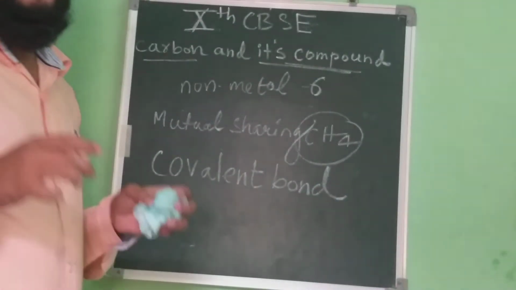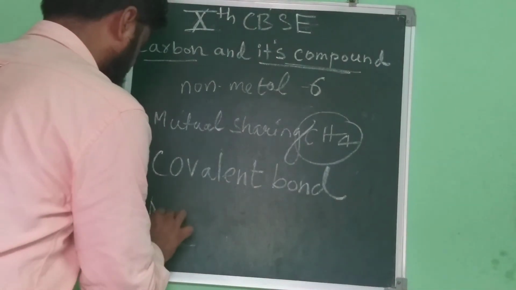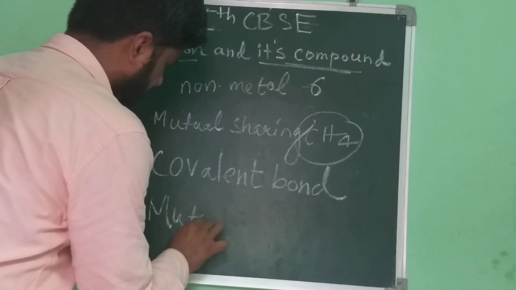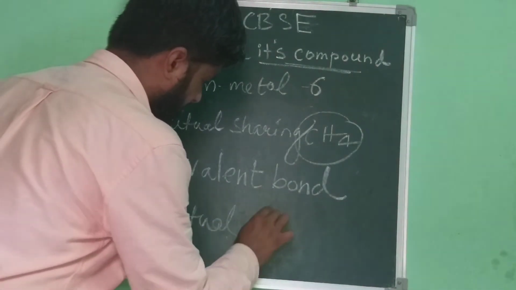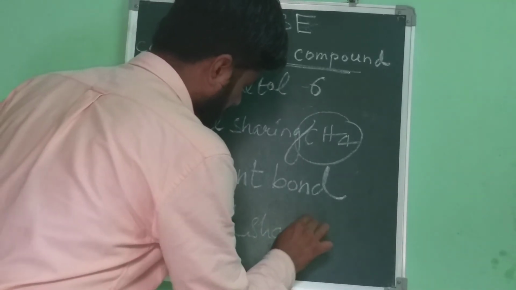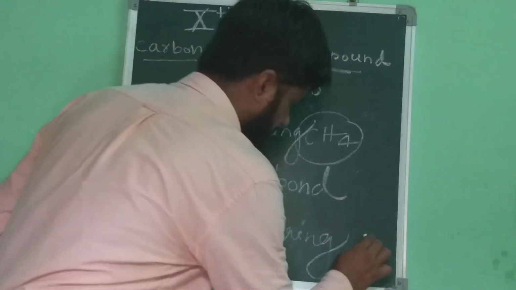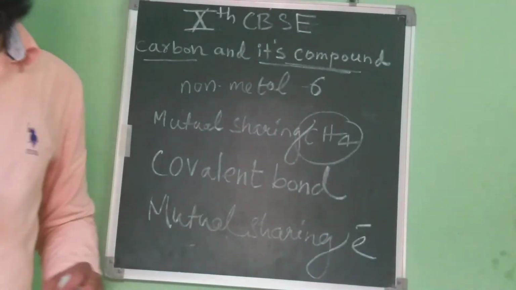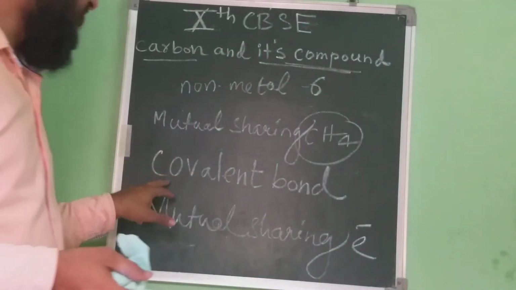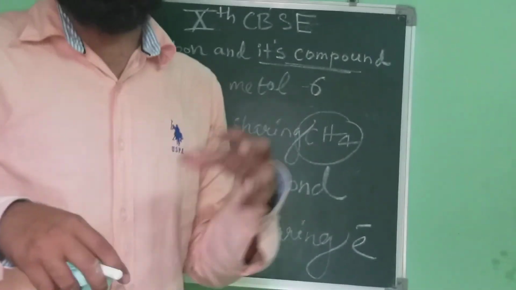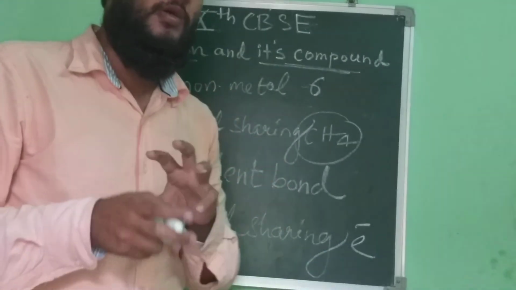A bond which is formed by the mutual sharing of electrons is called a covalent bond. A bond formed by the mutual sharing of valence electrons is called a covalent bond.